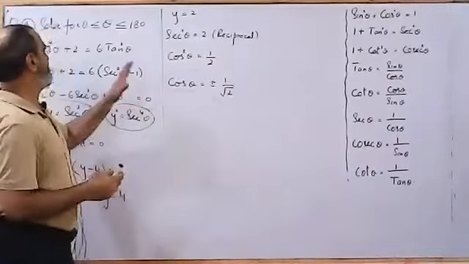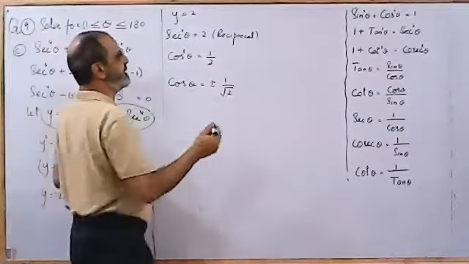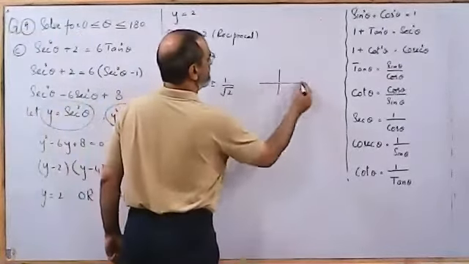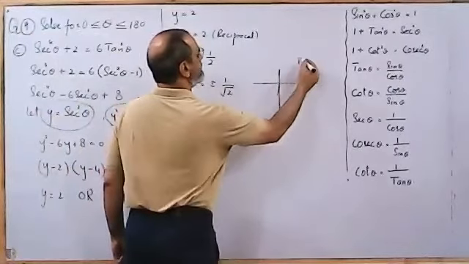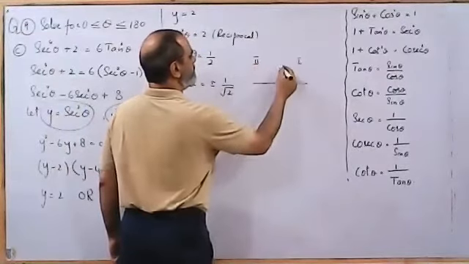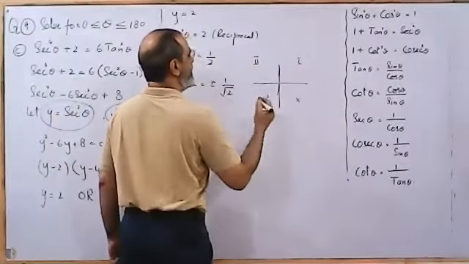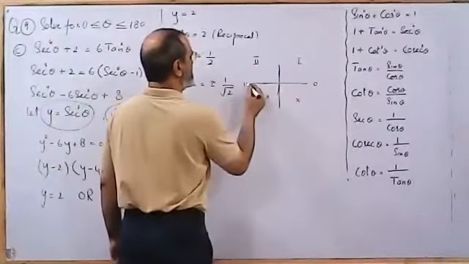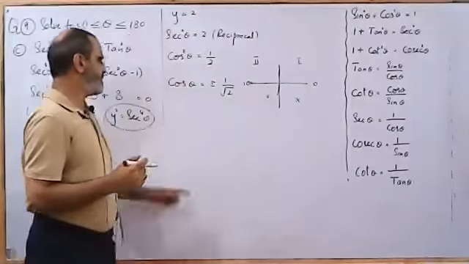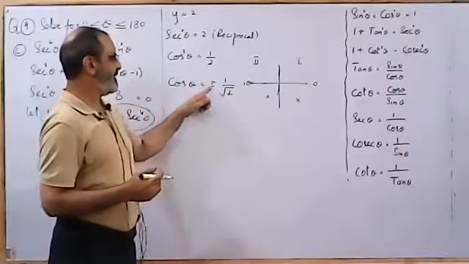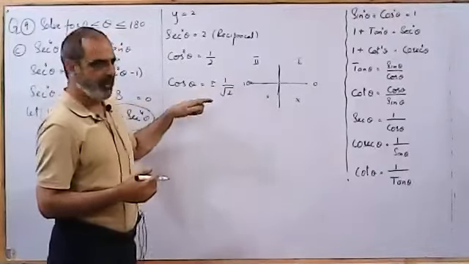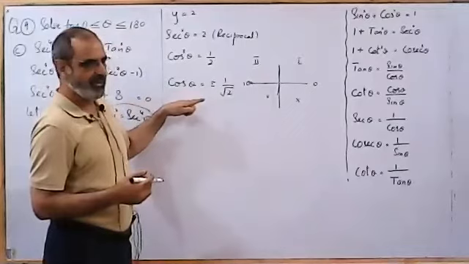The range of theta is 180 degrees. We have the first quadrant and second quadrant; these two quadrants are allowed. So cos is positive in the first quadrant and negative in the second quadrant, so I can use positive as well as negative values.